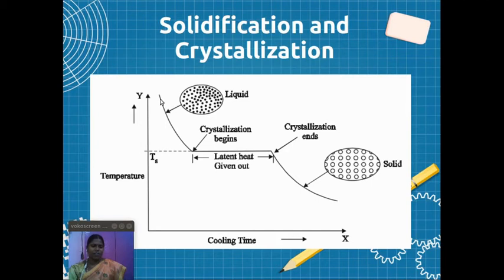When you decrease the temperature with the cooling time, at a particular temperature the material becomes crystallized. After crystallization, you can see the difference in the atomic arrangements here. Before, the atoms are not in a periodical manner, but here they are repeatedly arranged in a periodical manner.